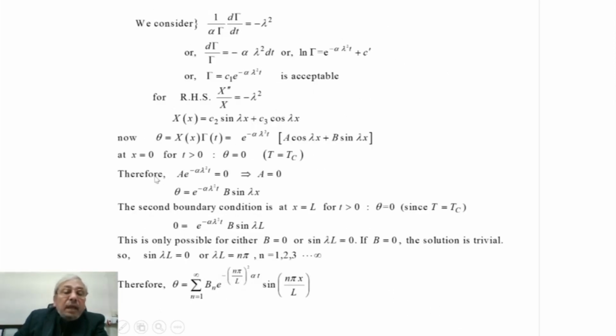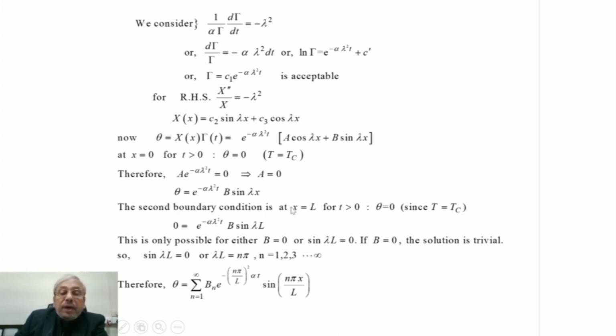So if we substitute x equal to 0 in this equation, we get a e to the power minus alpha lambda squared t equal to 0, which gives a equal to 0. So theta is e to the power minus alpha lambda squared t into b sin lambda x.